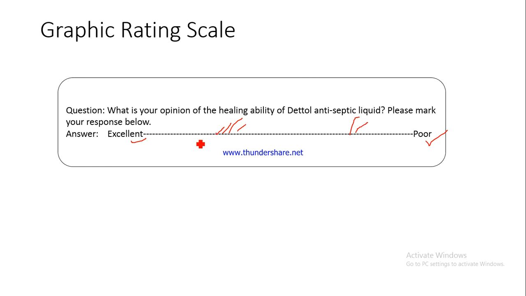Right? So supposing this corresponds to very good and this corresponds to good, then he can mark his response somewhere in between also, and I'm perfectly fine with that. That is the strength of the graphic rating scale. That is how the graphic rating scale scores over the itemized rating scale. There are endless options.